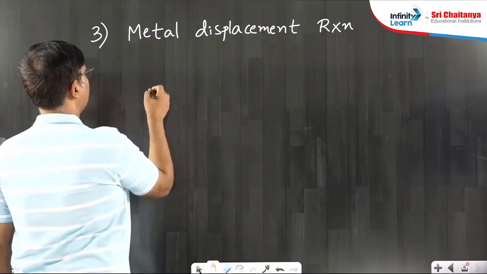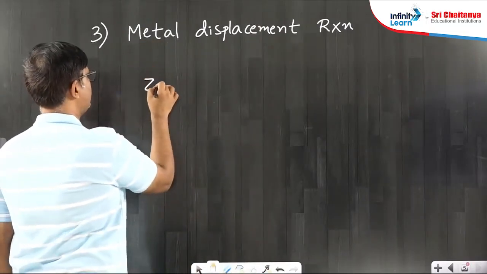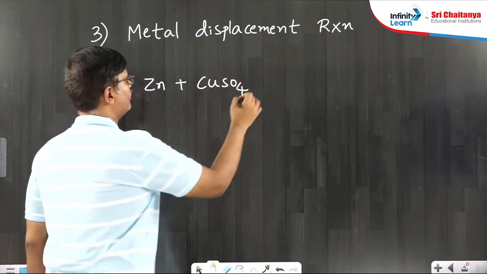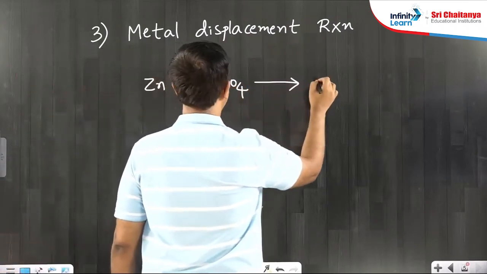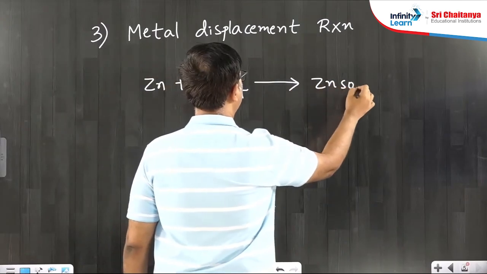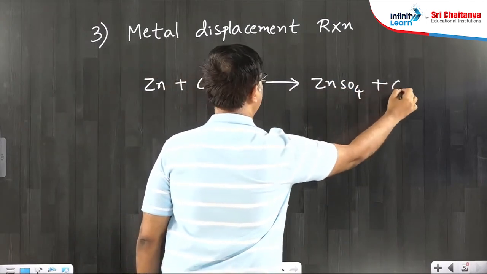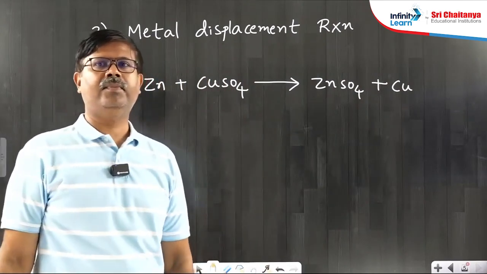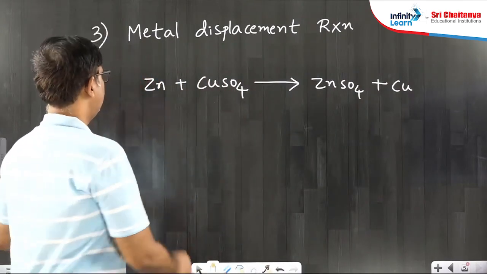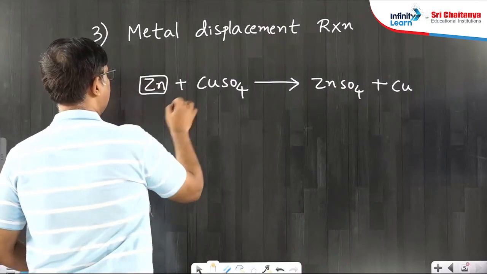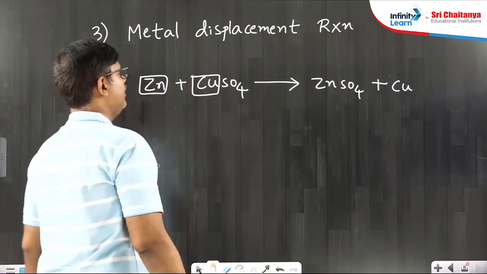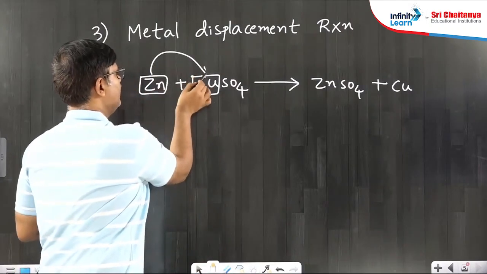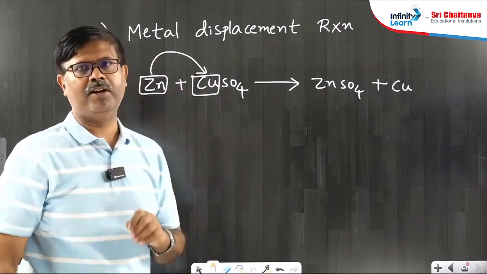Now, suppose I take zinc plus CuSO4 gives, a reaction like this. Now here, if you see, the zinc is displacing. See here, zinc comes and kicks this copper out of the molecule.